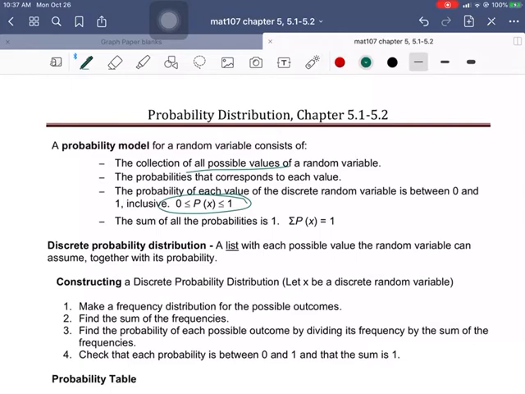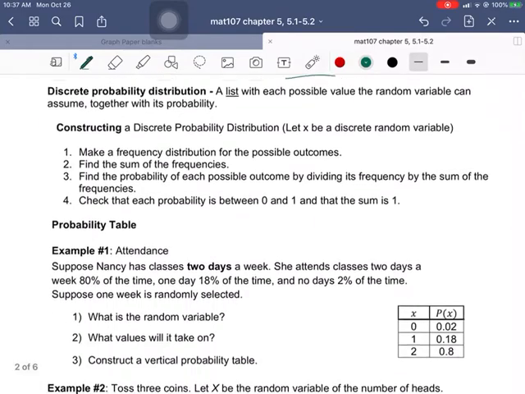Okay. And then the sum of all the probabilities is going to equal 1, typically seen in decimal form or fractional form. So a discrete probability distribution is a list of all possible values of the random variable together with its probability.